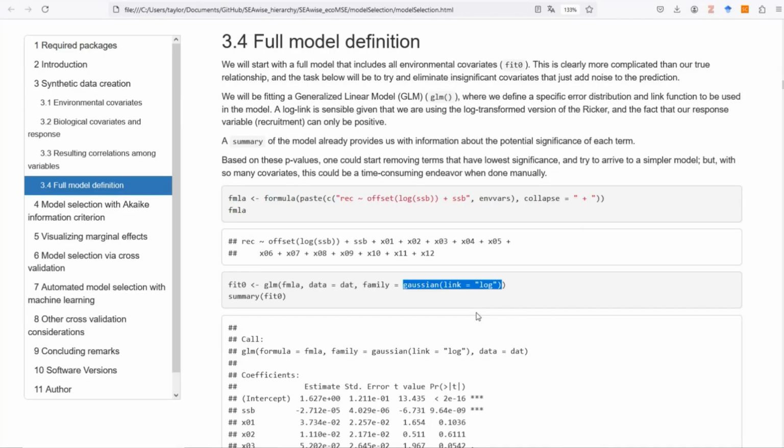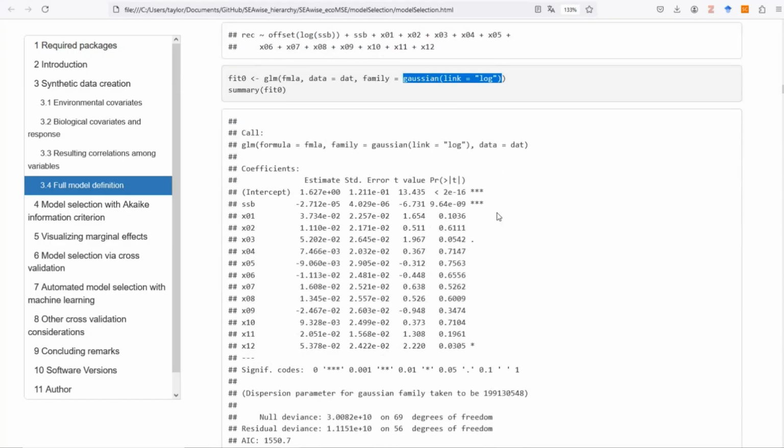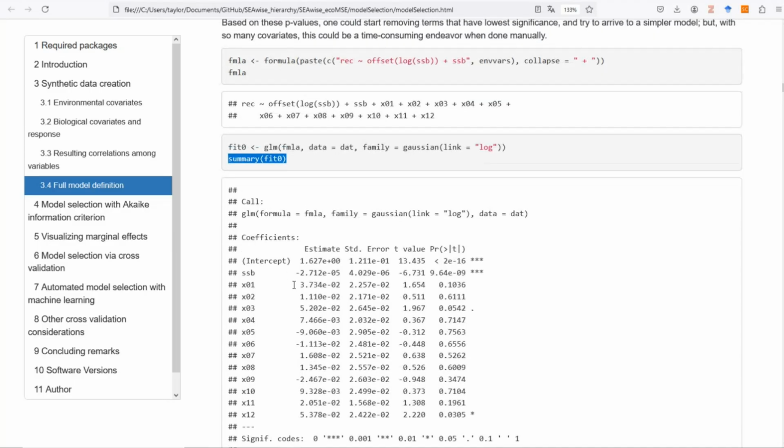Okay, so once we have that, you have probably done something similar, even with a linear model. You can call a summary, and it's already giving us our covariates. It's showing information about the relative statistical significance of some of these terms if you were to drop single terms. So some of these are coming out to be highly significant, like the intercept term, which we didn't see in the equation, but it's there, and the SSB.